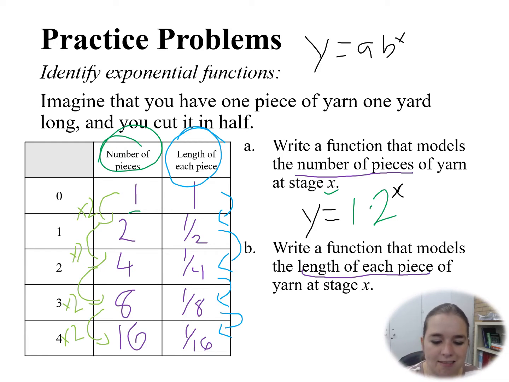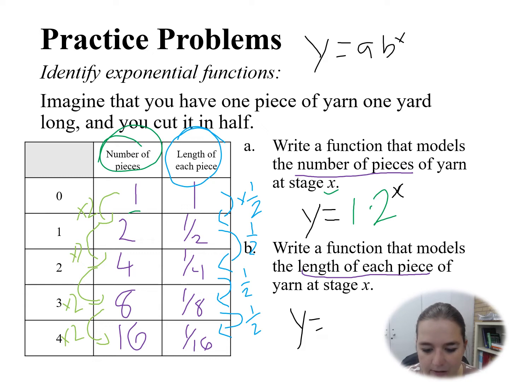So instead of saying divide by 2, I can say I'm multiplying by 1/2. A growth factor of 1/2 would tell me the same thing as divide by 2. And if I have it written that way, I can write out my function. I have y equals my start value times my growth to the power of x.